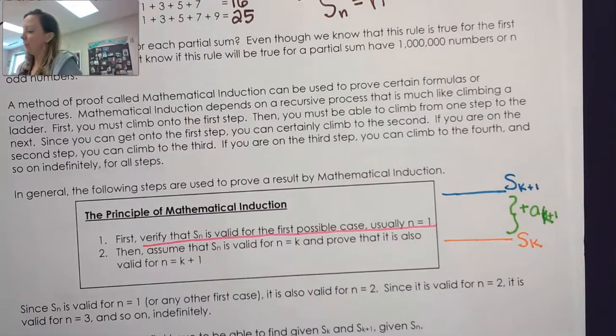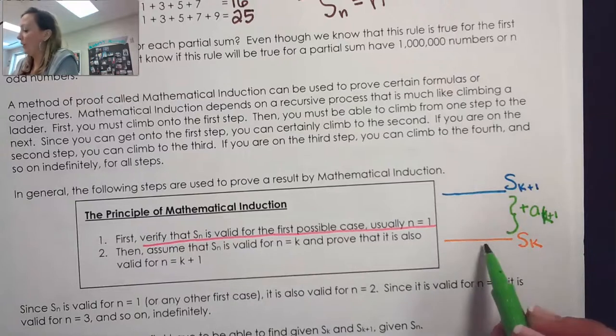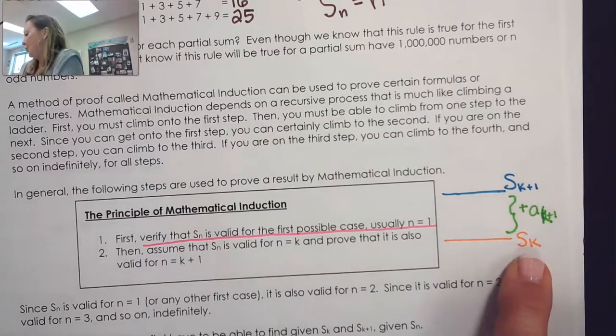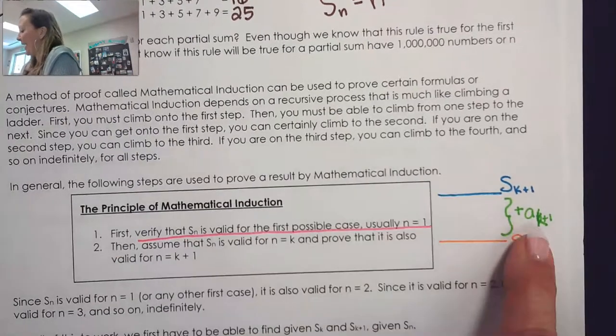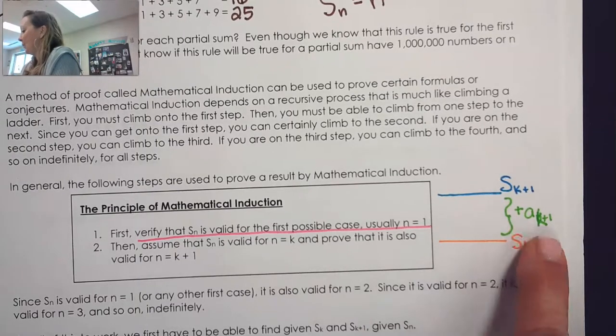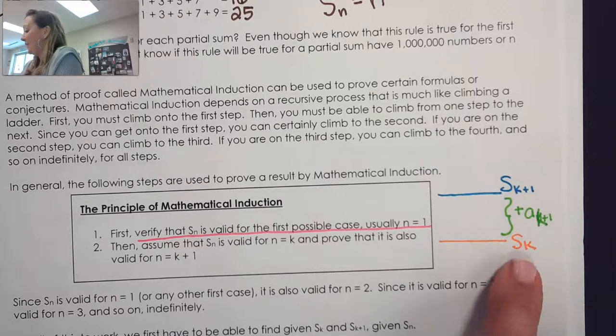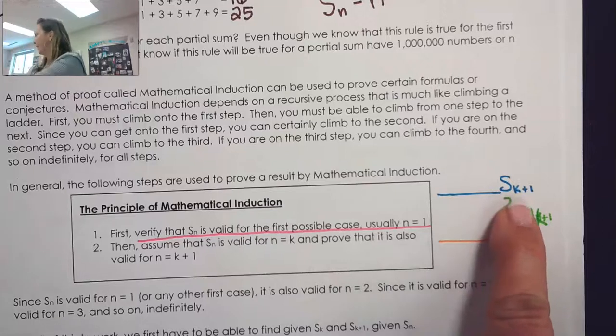Okay. So again, we're trying to go from one rung of the ladder. We're going to assume that it's true for S sub k. And then let's add the next term, a sub k plus 1. So we're adding a sub k plus 1, which is the next term. And then if I add the next term to S sub k, then that gives me the sum of everything, including that k plus first term, okay?